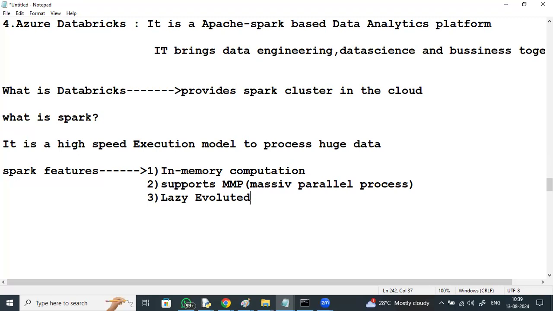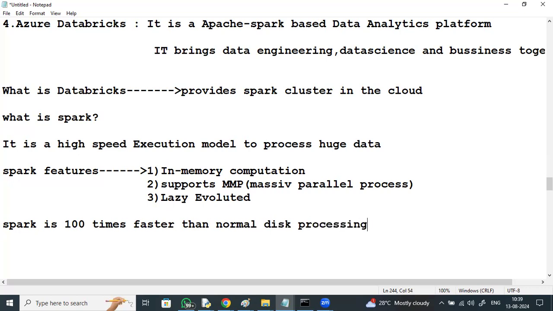Spark is 100 times faster than normal disk processing. That is the speed of Spark.